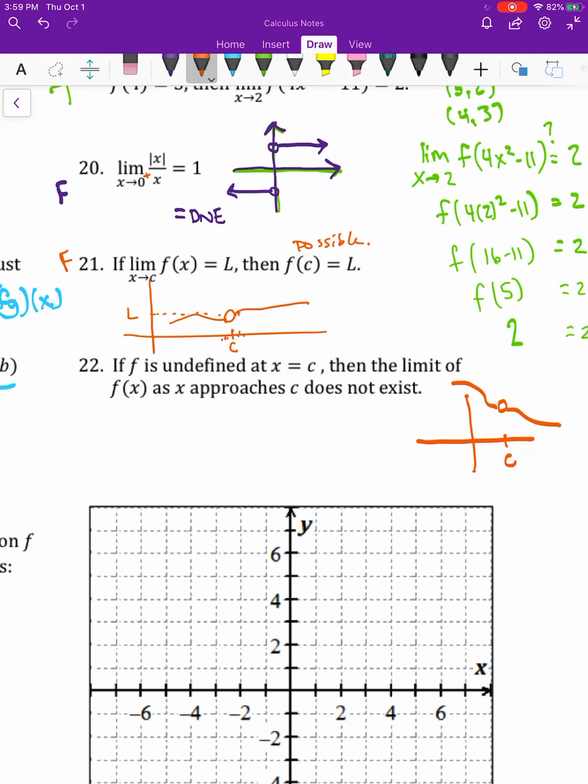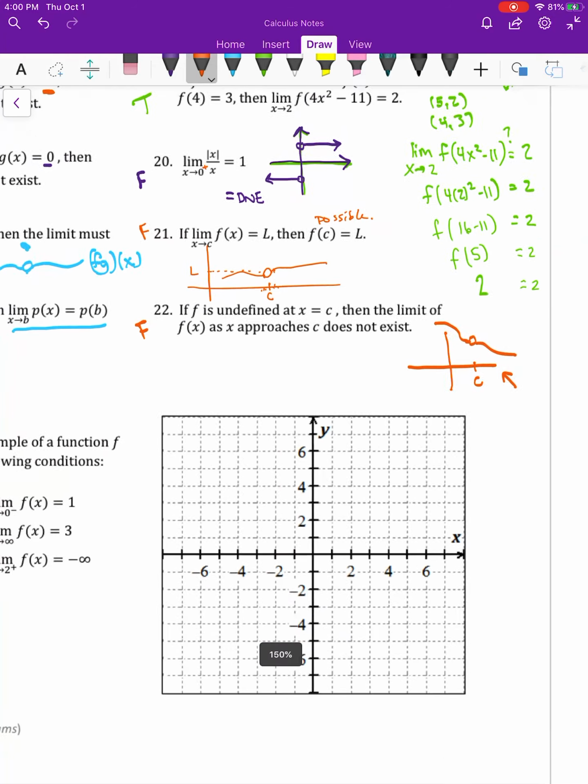So is that true then that the limit of f of x as x approaches c does not exist? No, this limit does exist here in this scenario that I just sketched. So this is going to be false. Okay, it's not always true. You could have a limit that does not exist, but you also could have a limit that exists. And here is the one example of how it could happen. Okay, so that number 22 was false.